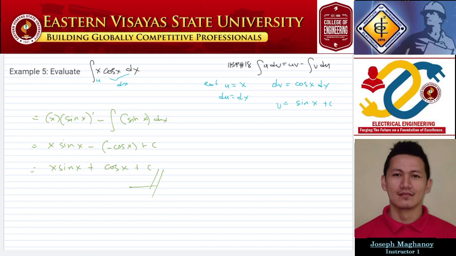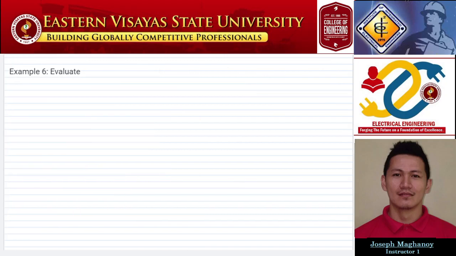So last problem, example number 6. Evaluate the integral of 3t e raised to 2t dt. Okay, let's recall our IBP 18. Integral of u dv equals uv minus integral of v du.